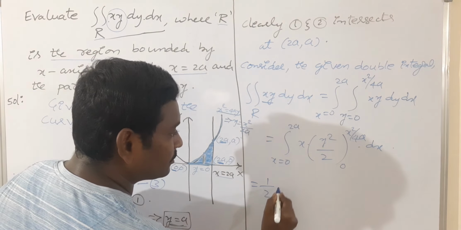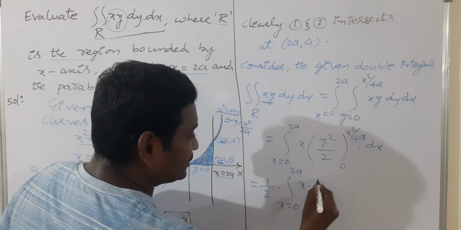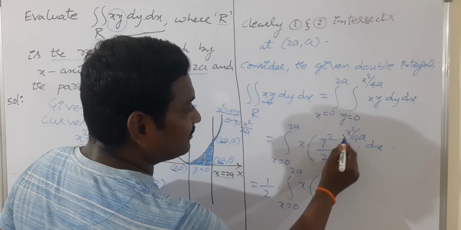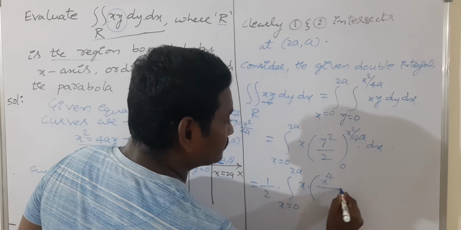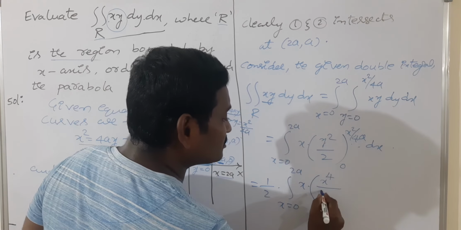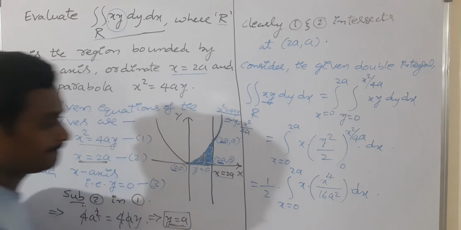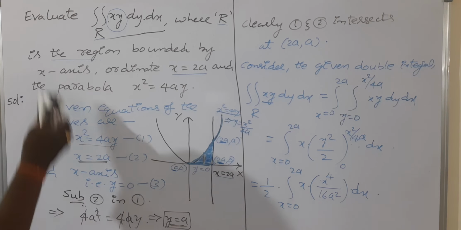So 1 by 2 into integral x is equal to 0 to 2a, x into, apply the upper limit. Whenever we have y, replace it by x square by 4a, you will get x power 4 by 4a whole square, which is 16a square, into dx. Now see this side.